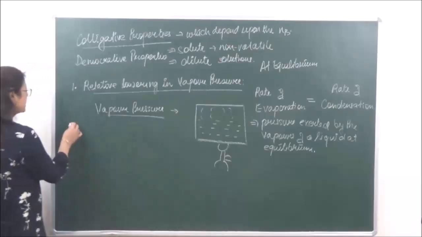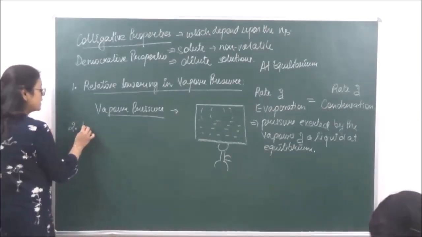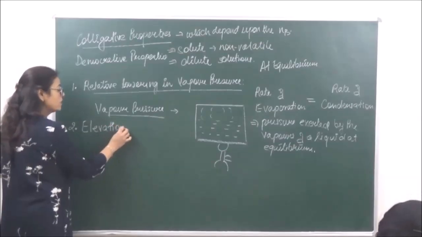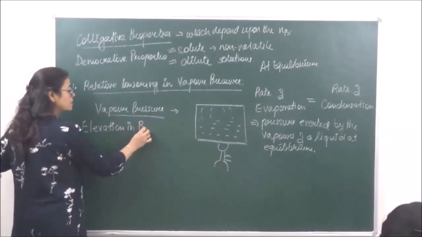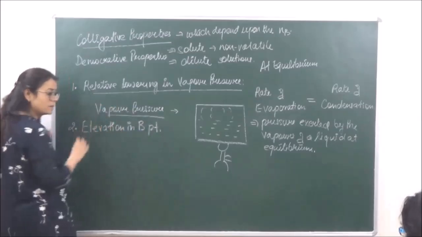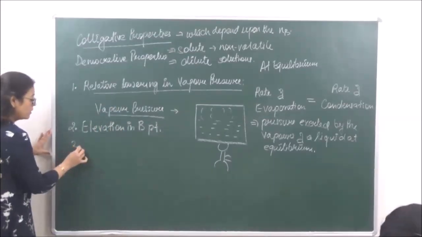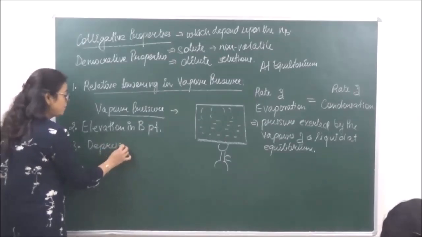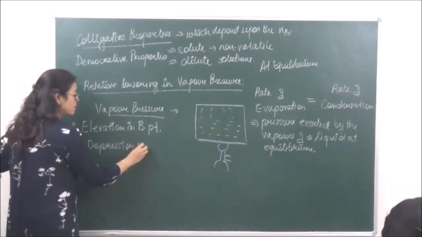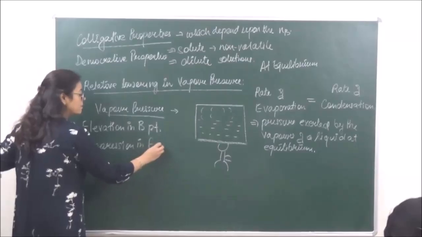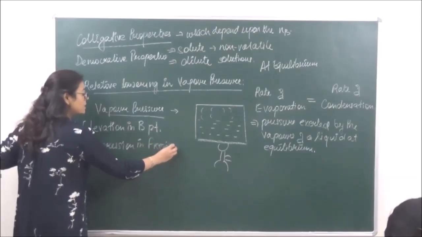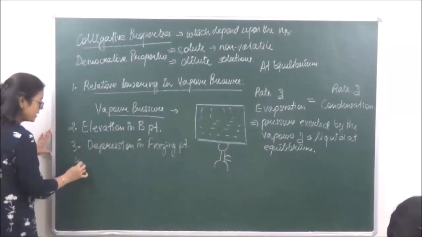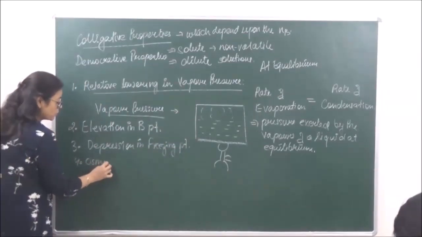The second colligative property which we will study is elevation in boiling point. The third one we will study is depression in freezing point, and the last one is osmotic pressure.